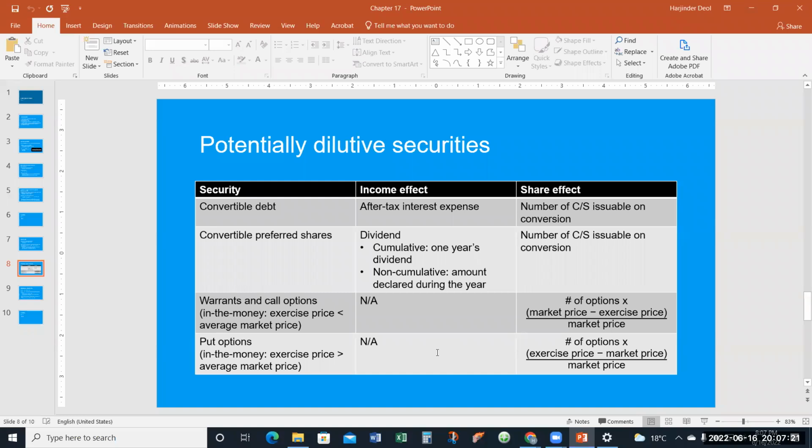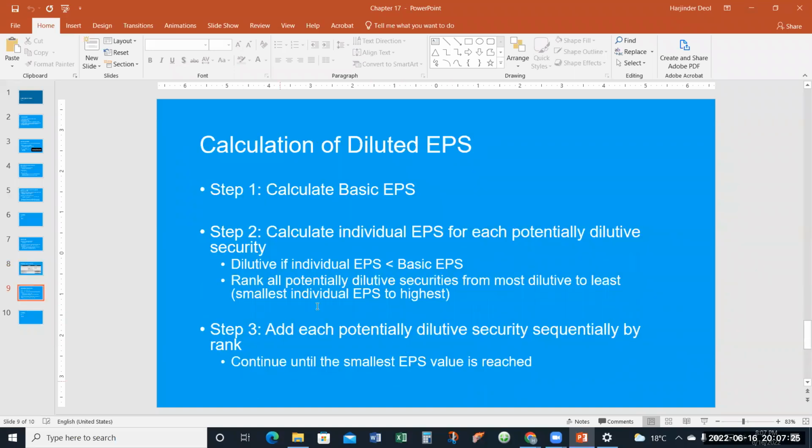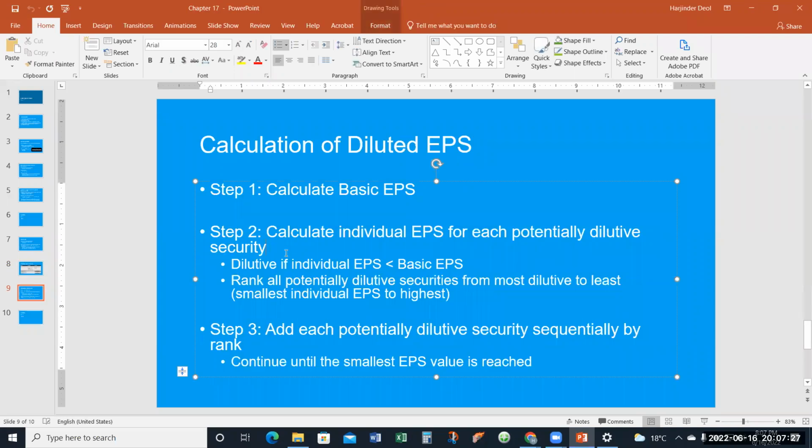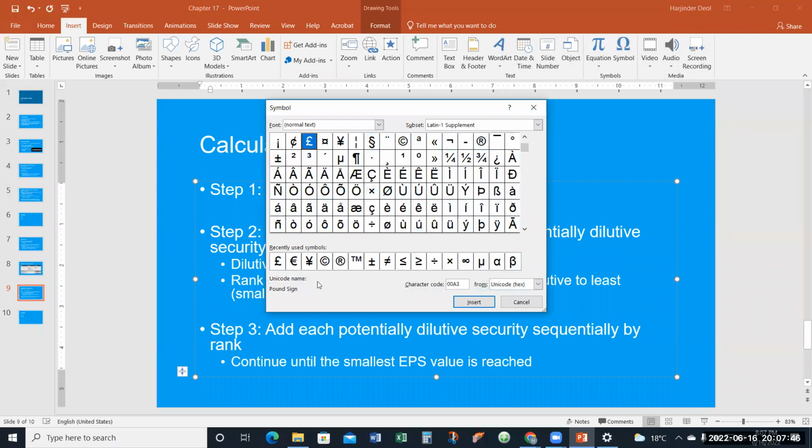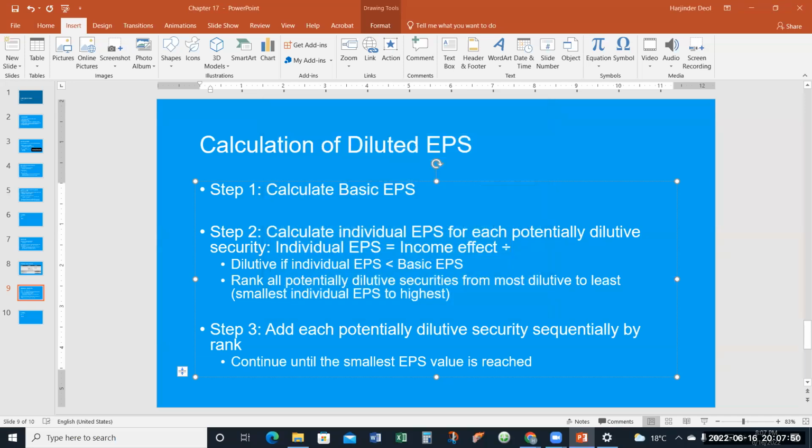So income effect divided by the share effect gives you the individual EPS. And maybe I should just put that. Individual EPS is income effect divided by share effect.